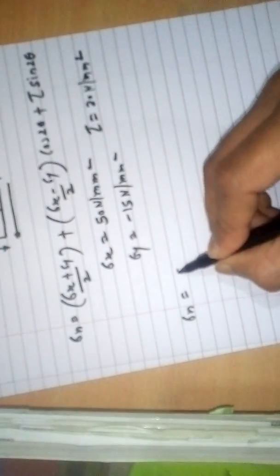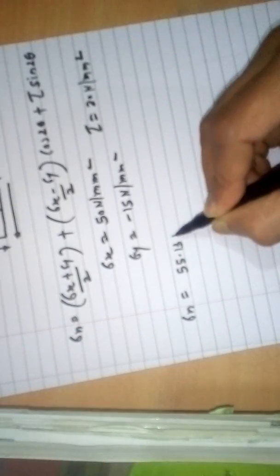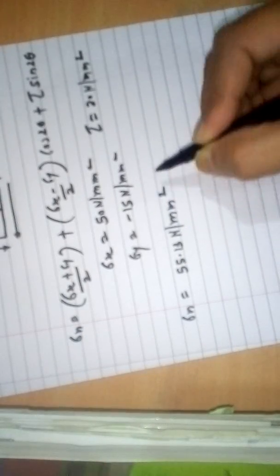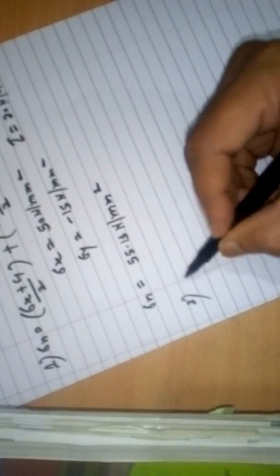Now put the values of sigma x, sigma y and tau in the above equation. So we get the value of sigma n as 55.13 Newton per mm square, or we can say 55.13 MPa. Similarly, we write the formula for sigma t.